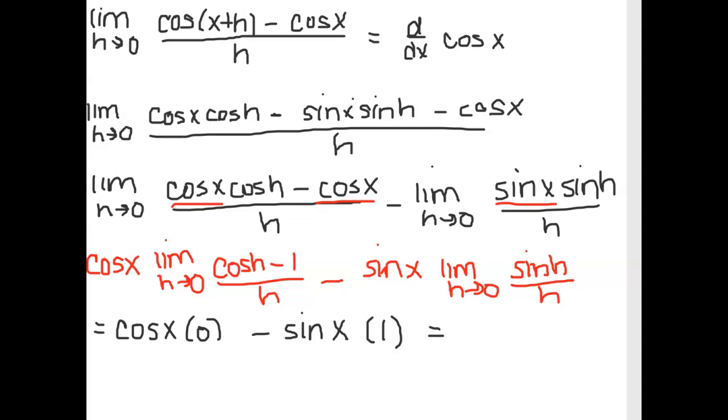Which means that the derivative of cosine x is negative sine x.